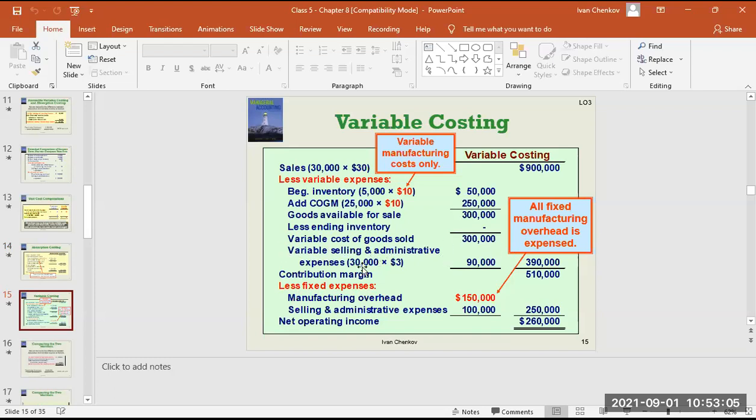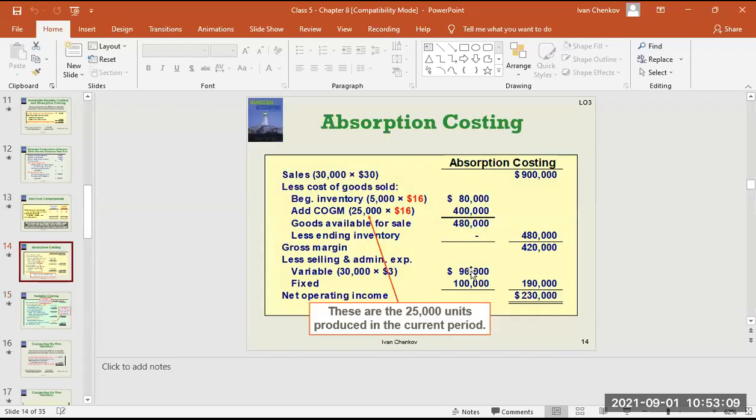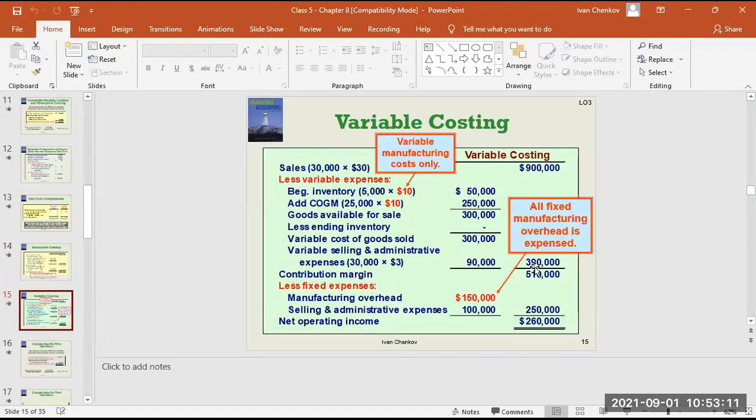We're going to add the variable portion of the selling and administrative expenses, which is 90,000, same as the absorption, no difference here. That's going to give us the contribution margin. For the fixed expenses, we're going to expense everything, 150 again, and from the selling and administrative expenses.